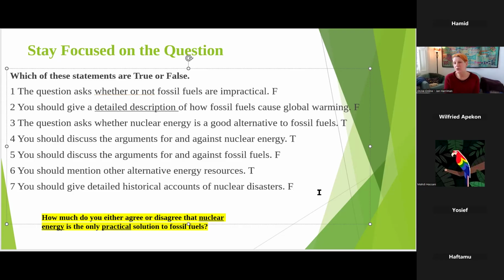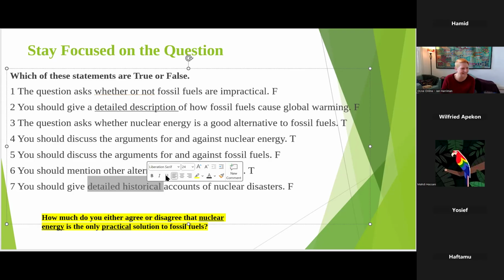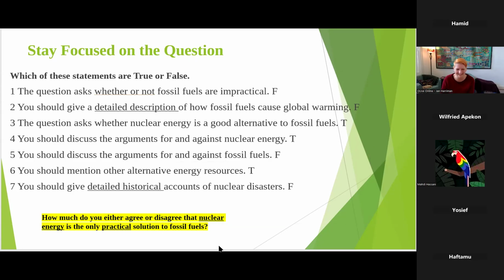You might mention the fact that it's one of the things that makes nuclear energy less practical, but once again, it's in the wording, not a detailed historical account. It might be worth mentioning if we're talking about what's practical, but that's different from a detailed account. All right. Good. We're focusing on the question.